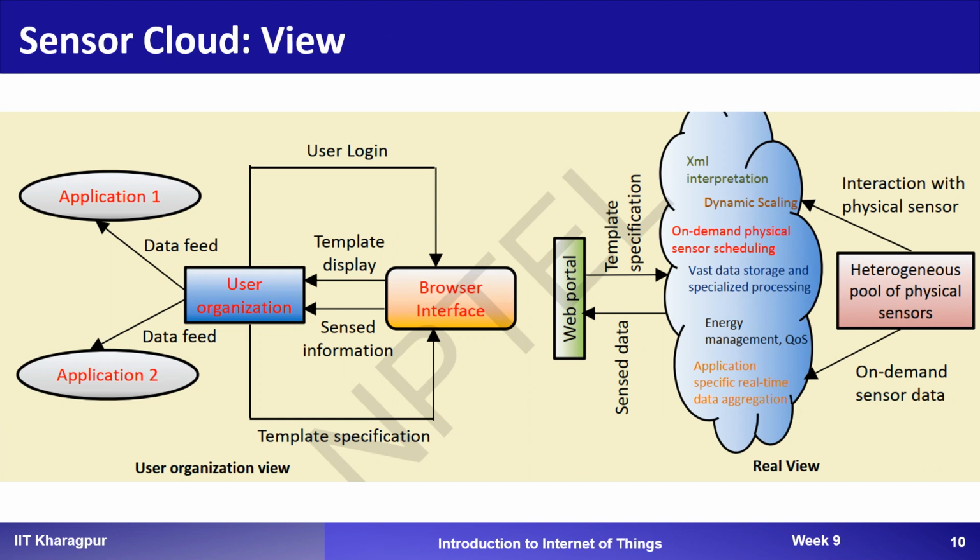Here this is the user organization view. However, this is your real view. From your end user point of view, there are various applications, and these applications interact with the sensors through the browser interface.